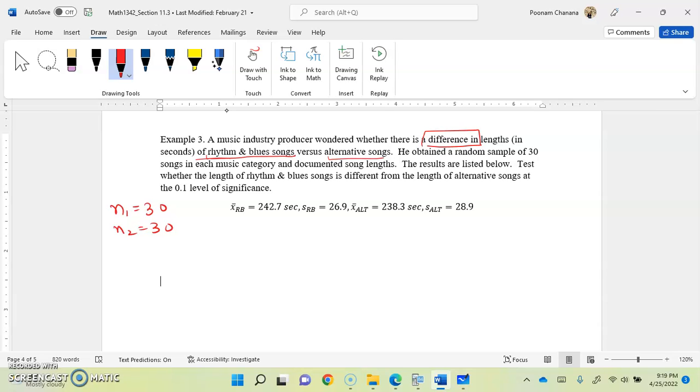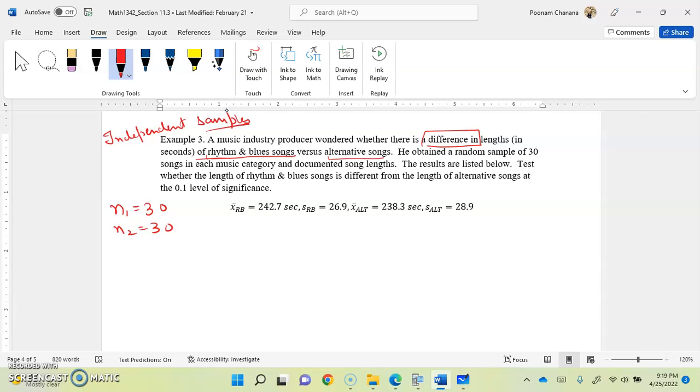Now, even though n1 and n2 are the same, there is no connection between the songs in the first category and the songs of the second category. So these are independent samples. Difference in their lengths means we need to check the difference of the means.